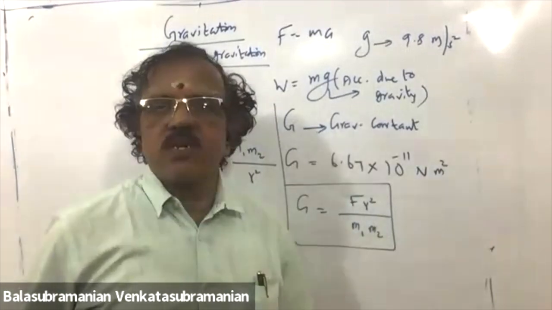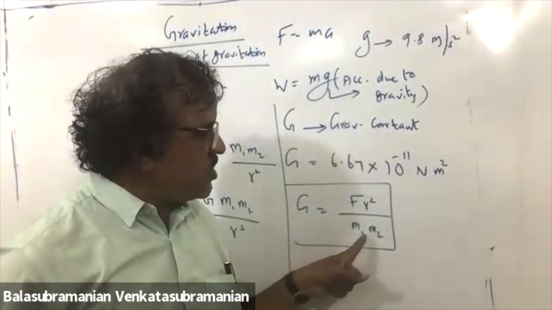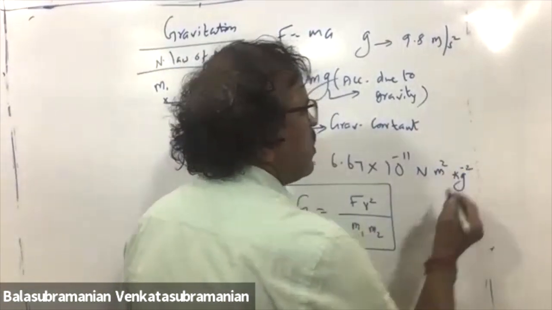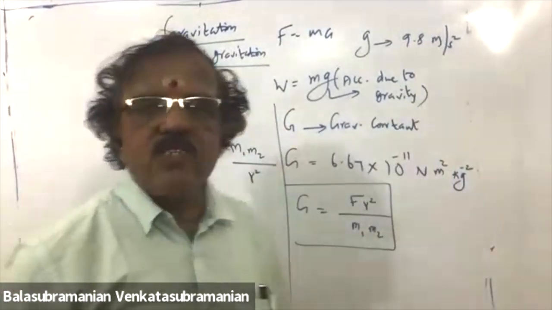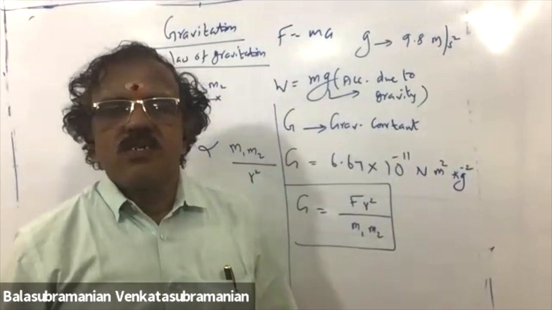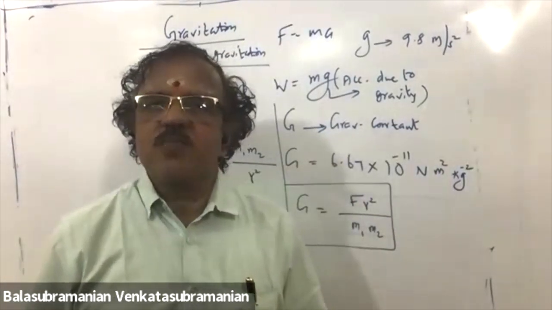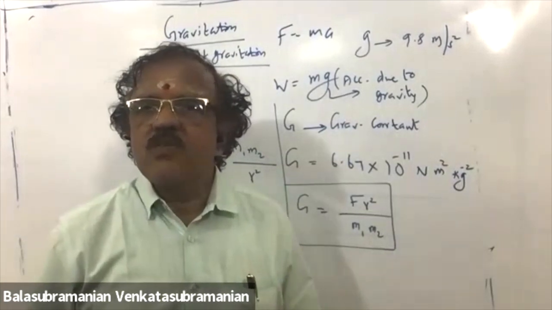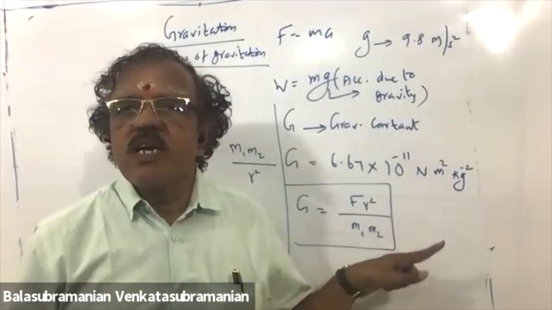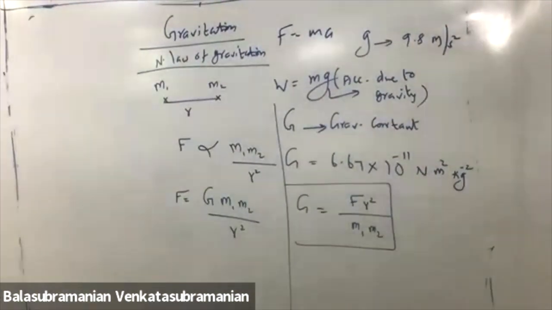Mass into mass, mass is expressed in kilogram, so kg into kg square. Numerator will become kg power minus 2. So the value of gravitational constant is 6.67 into 10 power minus 11 Newton meter square kilogram power minus 2. Okay.